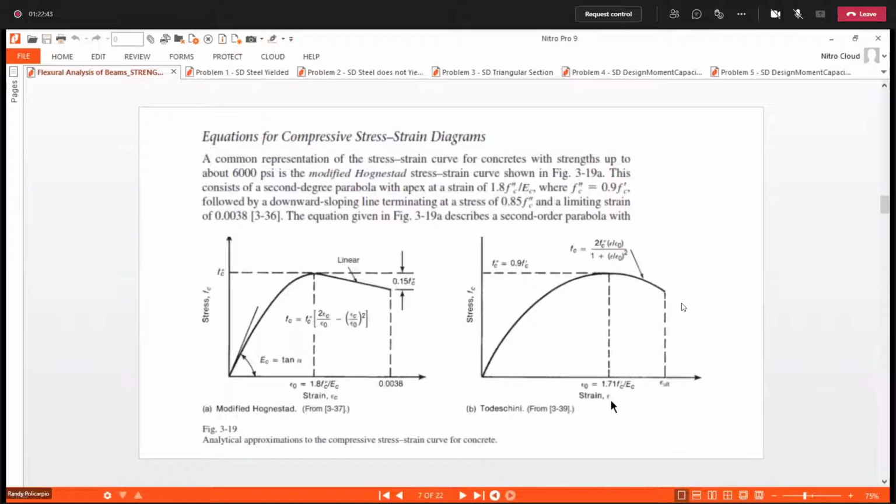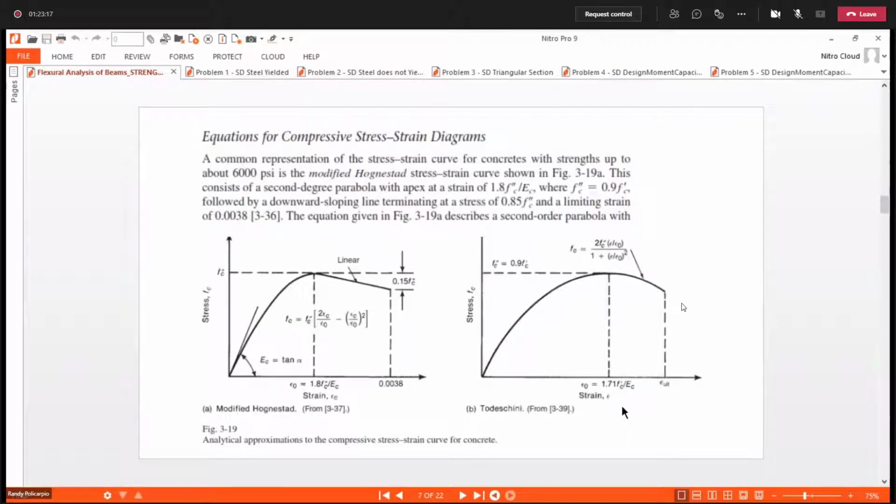Okay? So yung kay Hognestad, it is equal to 1.8 F C double prime over EC. While yung kay Todeschini is 1.71 F prime C. So kaya kung i-convert natin sa F prime C, yung kay Hognestad, we simply multiply it by 0.9 F prime C, no?